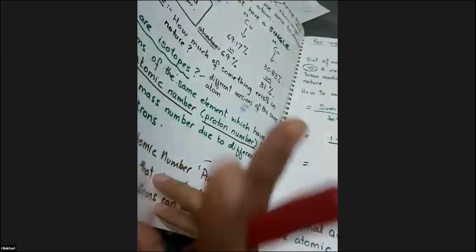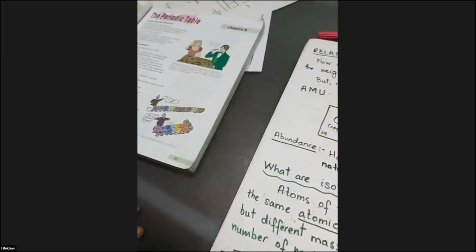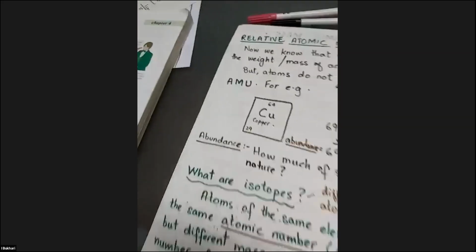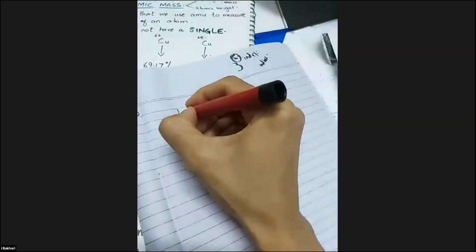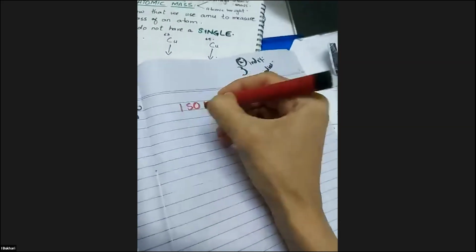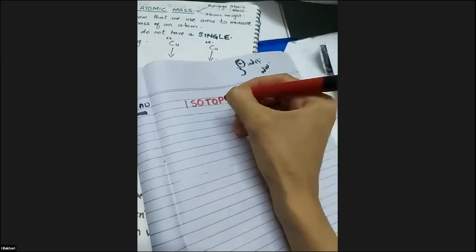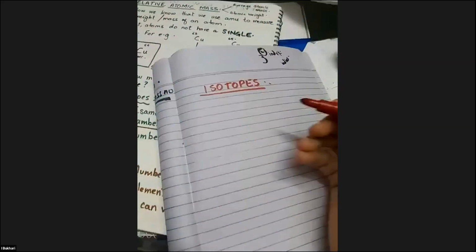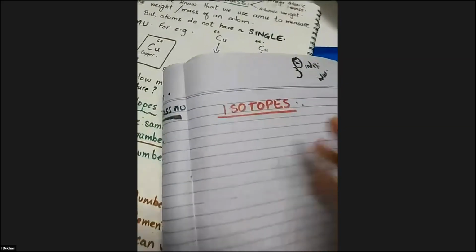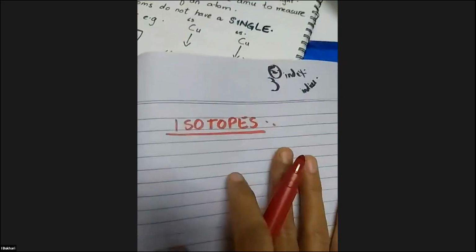I will move on to the concept of isotopes. What are isotopes? As we just appreciated, when you answered these questions, you told me that the number of protons is used as the identification number.